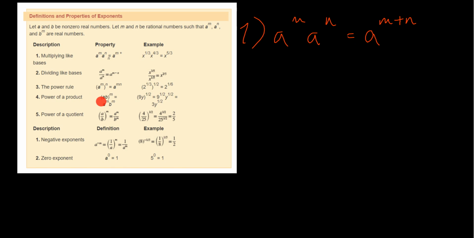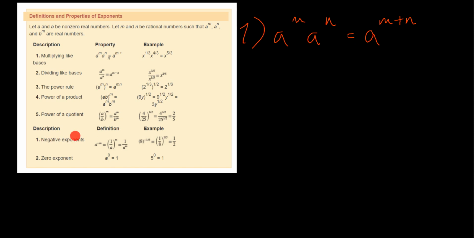So we get a to the m, b to the m. Power of a quotient operates the same way, except instead of a times b we have a divided by b. So a over b raised to the m power is simply a to the m over b to the m.